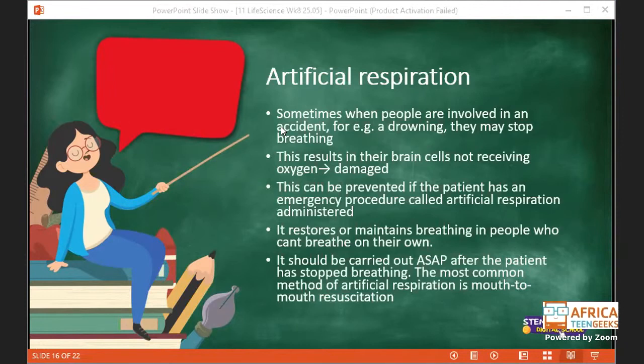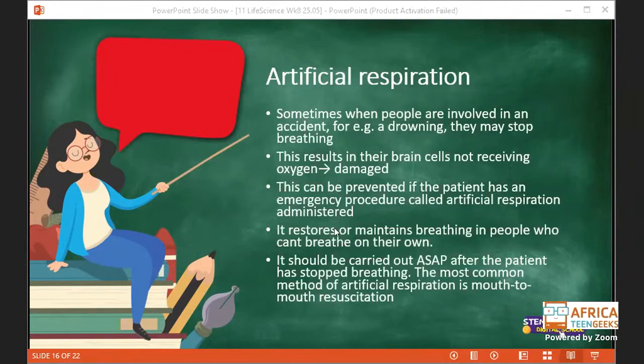Okay. Then this can be prevented if the patient has an emergency procedure called artificial respiration. Remember we said that artificial respiration is a method to start and to maintain breathing once it has stopped.